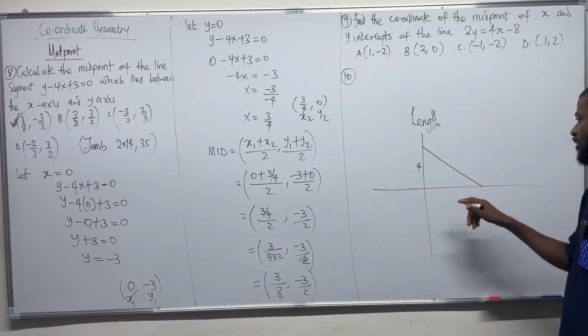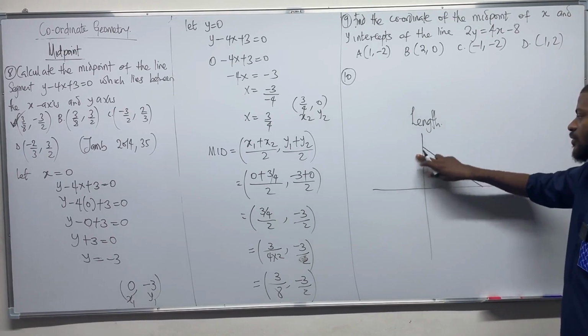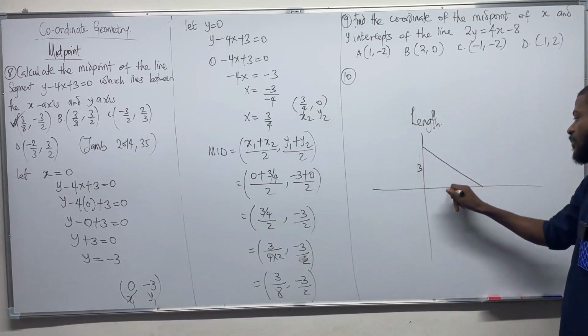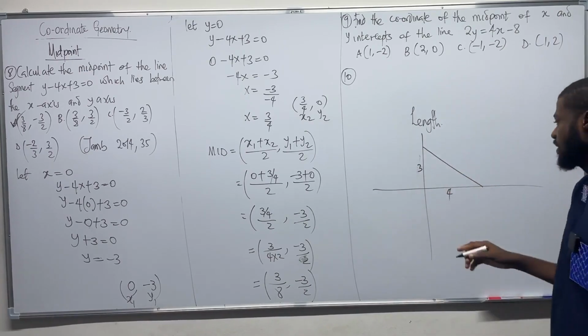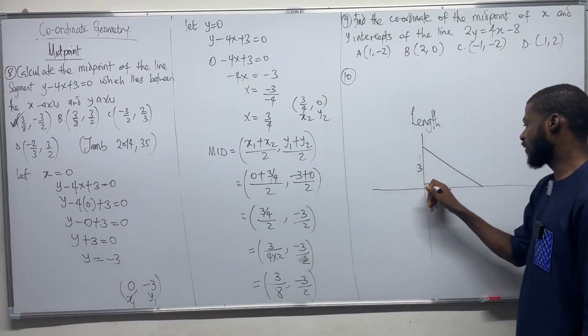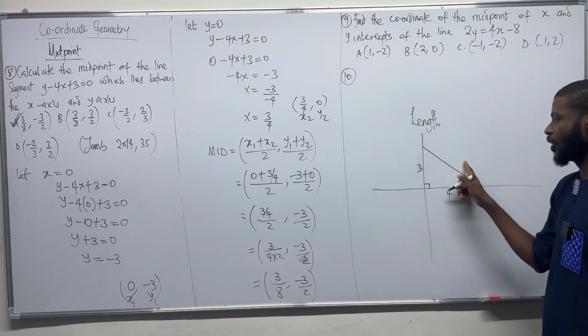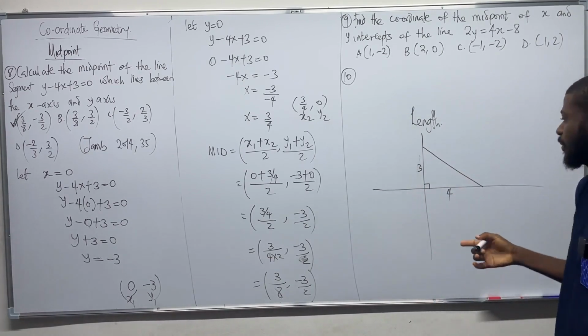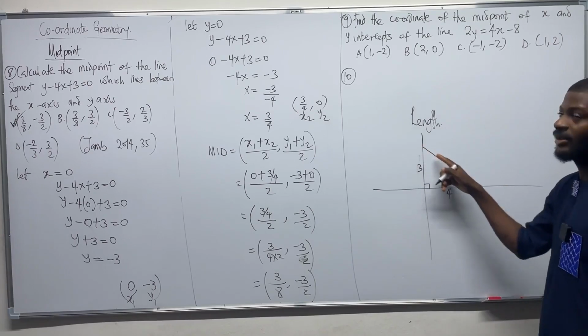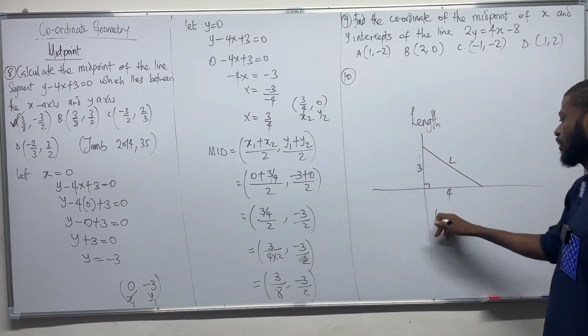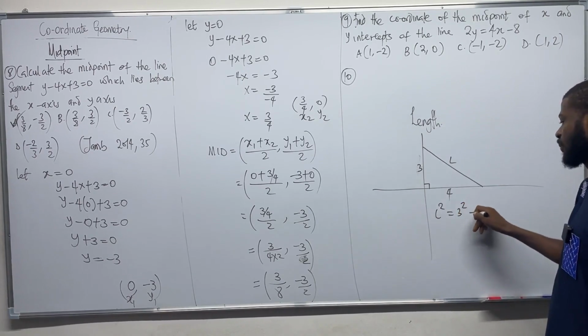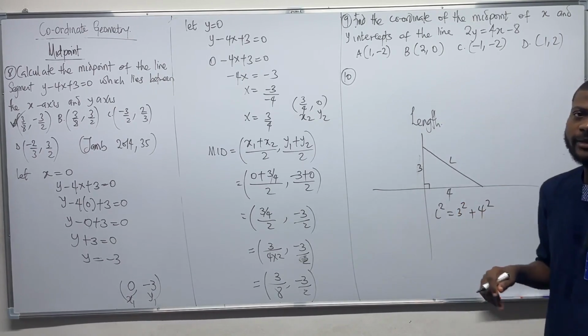Then here to here is, no, let me make this one 3 since it looks smaller. Let me make this one 4. One has to find the length of this side. Now you can see that the length of this side is going to become Pythagoras theorem, because this is the longest side, which is the hypotenuse. So I'm going to say this is length. So this will become length squared is equal to 3 squared plus 4 squared.